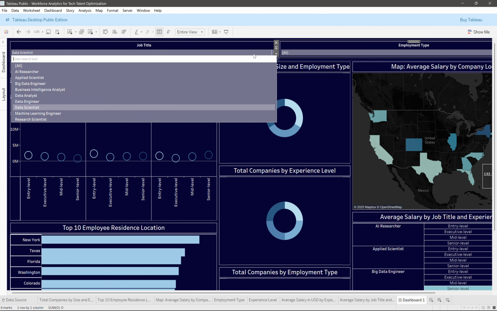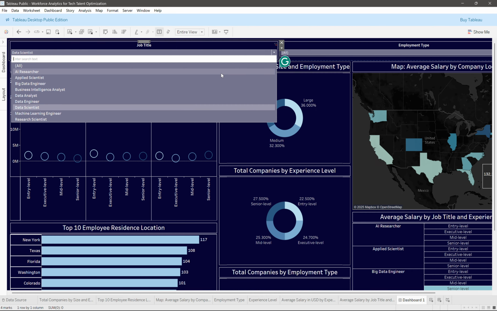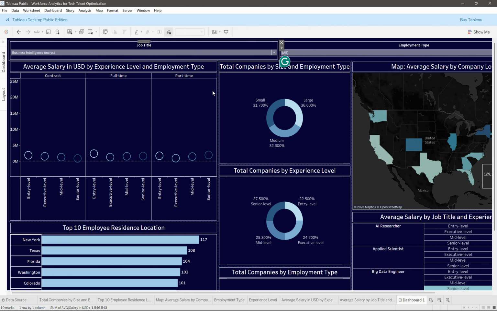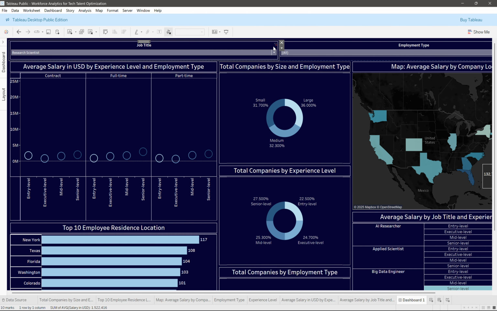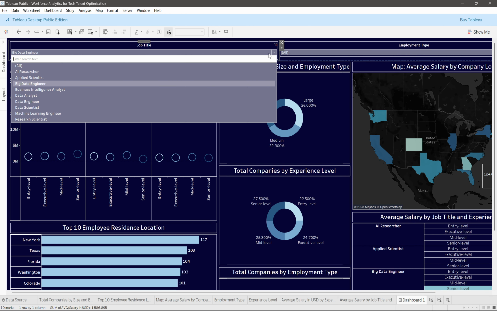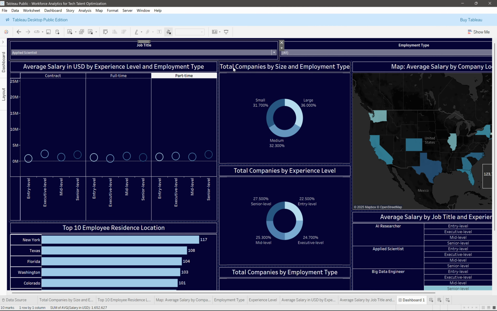If we consider a different job title, say business intelligence analyst, this is also the same bracket. Research scientist is also the same.